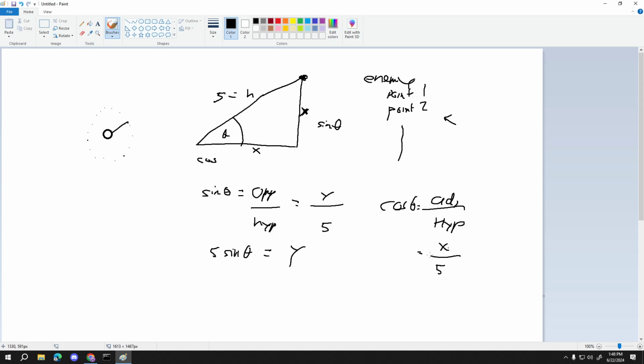So how do we get x? We multiply 5 on both sides. So 5 times cosine theta is equal to x. Now we have a point, x and y. With these 2 values, you're able to place wherever that bullet would be.